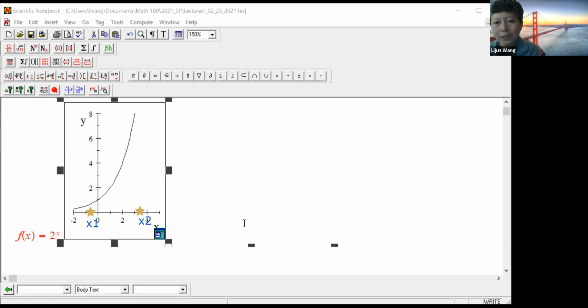You have to be able to extract a general statement from the special cases. 1, 2, 3, 4, 5, 6, 7, 8, 9, 10, forever. Okay, so x1 is smaller than x2, right? What is f of x1, f of x2?